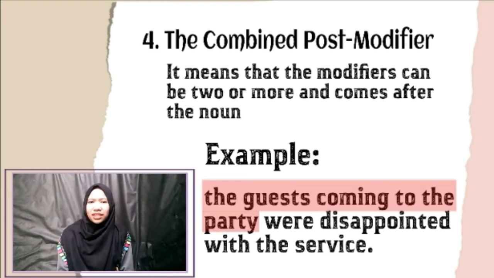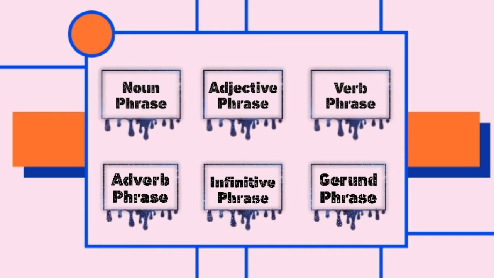This phrase consists of 2 modifiers and 1 head. The modifiers are present participle coming and prepositional phrase to the party. And then the head is noun guests. Okay, maybe that's it for noun phrase. Let's go to the next material.